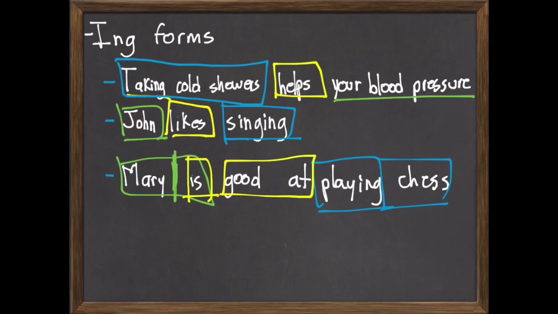We can also use bad at, interested in, tired of, excited about, instead of, in spite of, or bored with. Those are prepositions, and we can use the ing form after these prepositions. Okay, so those are different uses of the ing forms. There are more uses, but we will look at them later on in the units.